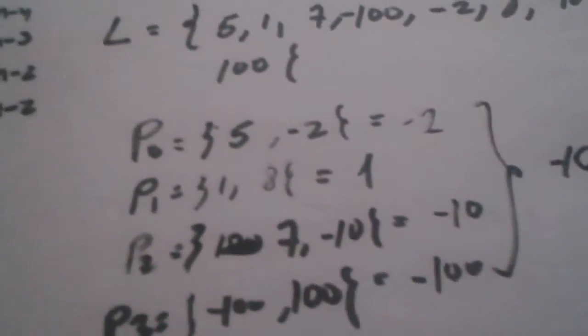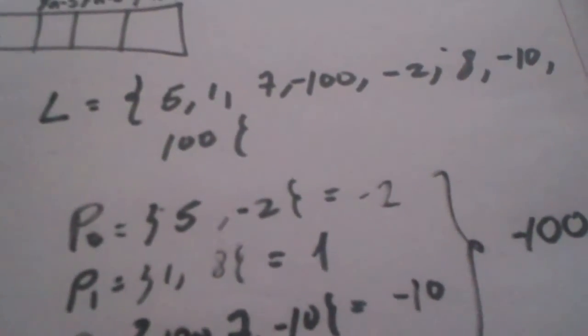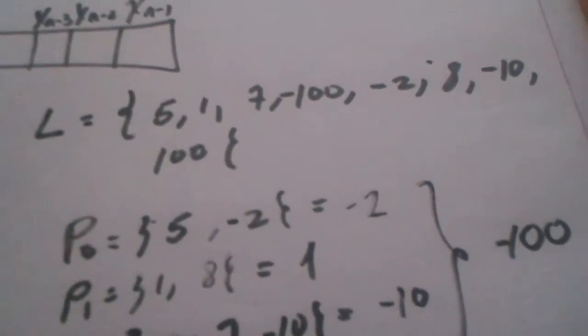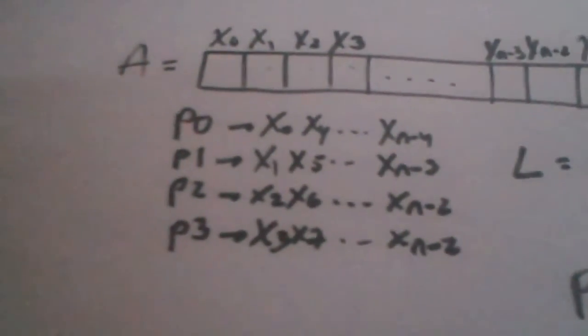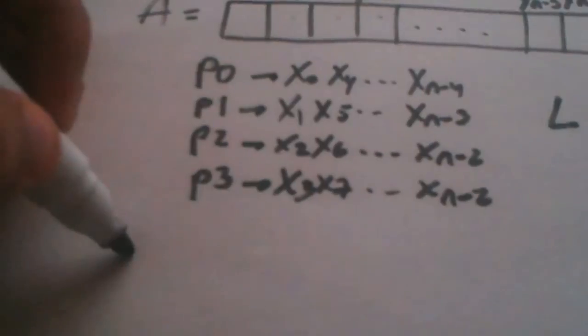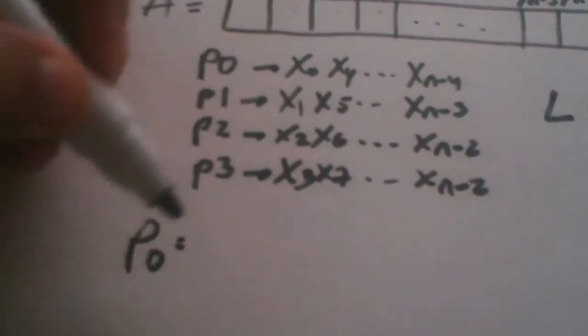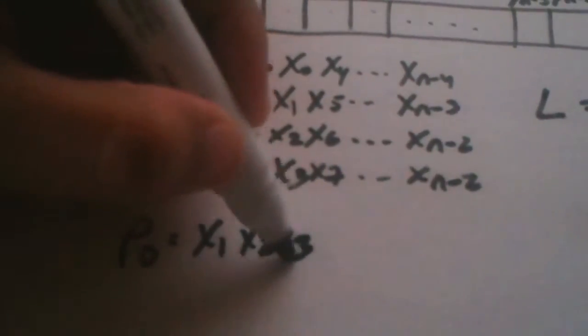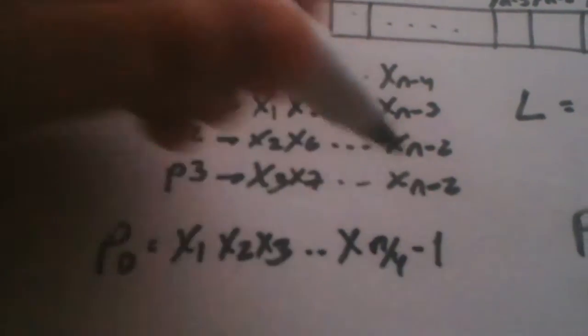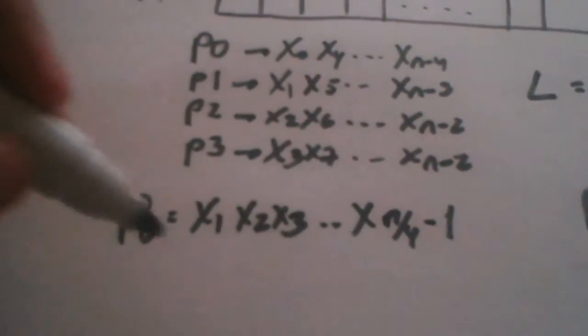This is not the only way that we can decompose the array L. According to our first example of the array A, we can do the following decomposition too. P0 can have x0, x1, x2, x3, up to x of n over 4 minus 1.